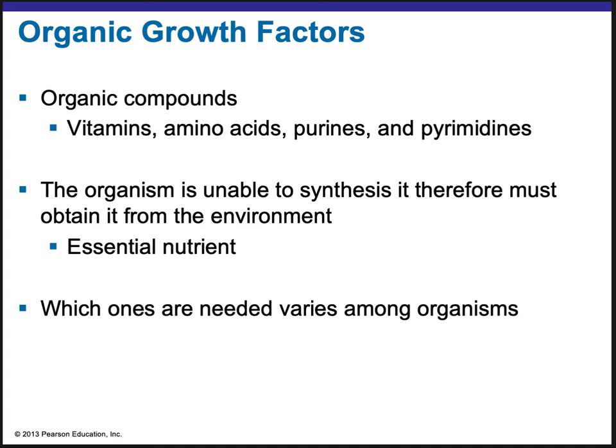So I cannot give you a list of what are the organic growth factors. It's going to be different for each organism. For humans, for example, we have 13 essential vitamins and 9 essential amino acids.